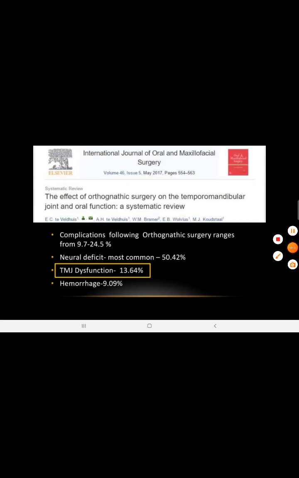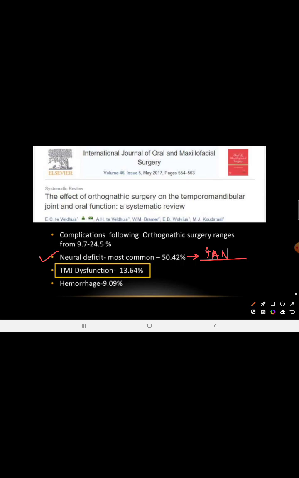There can be various complications following orthognathic surgery, and amongst those complications, the neural deficit problem with the inferior alveolar nerve is the most common problem. It is seen in more than 50% of cases. This is mentioned in an article in the International Journal of Oral and Maxillofacial Surgery, 2017.